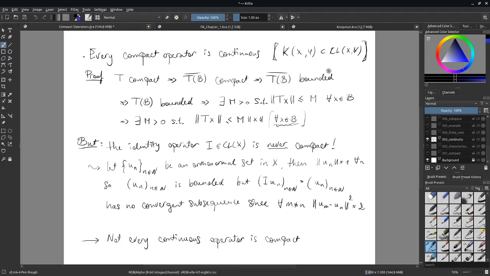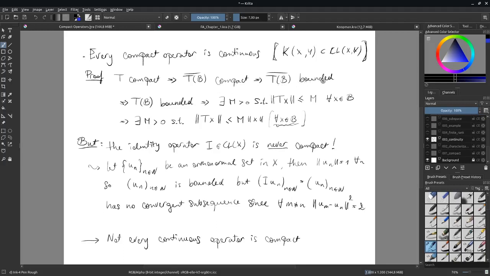The proof is actually very simple. We know that T is compact, so the closure of the image of the unit ball is compact. This set being compact has to be bounded, since compact implies closed and bounded.